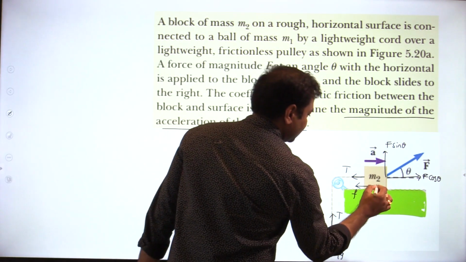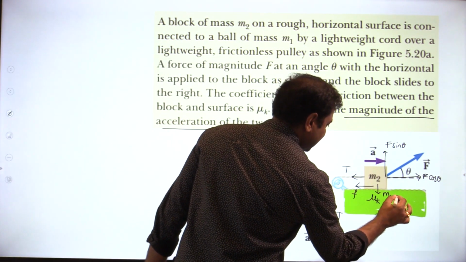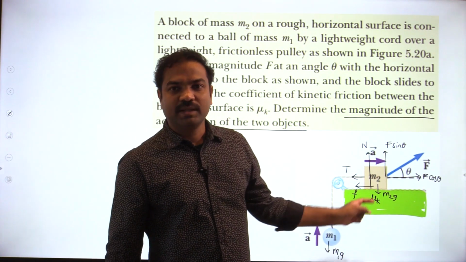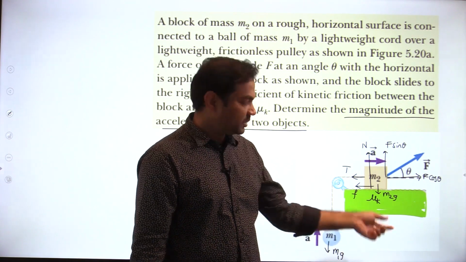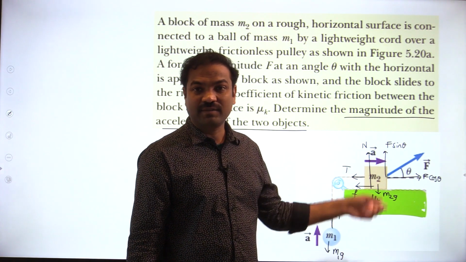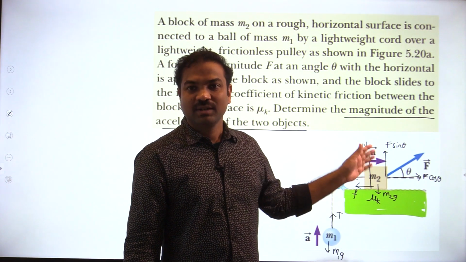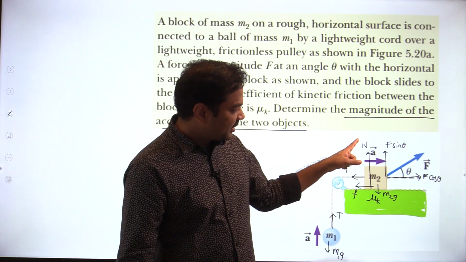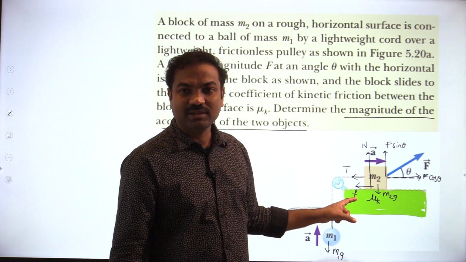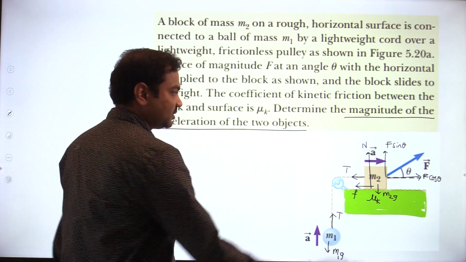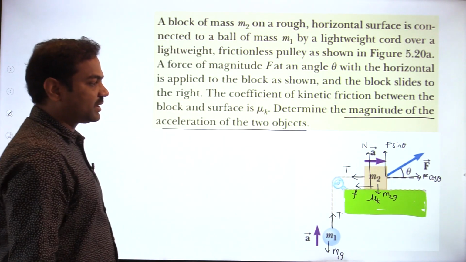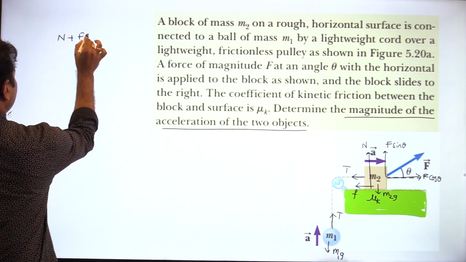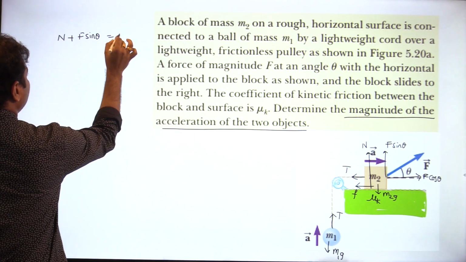Previously, normal reaction and weight were not required. In Newton's laws of motion, when the surface is smooth, the normal reaction and weight are not required because those will cancel out. They don't matter in the acceleration. But here they will matter. Why? Because the normal reaction will define the friction. So if you see vertically, what are the forces acting? Vertically, N and F sin theta should be equal to mg.